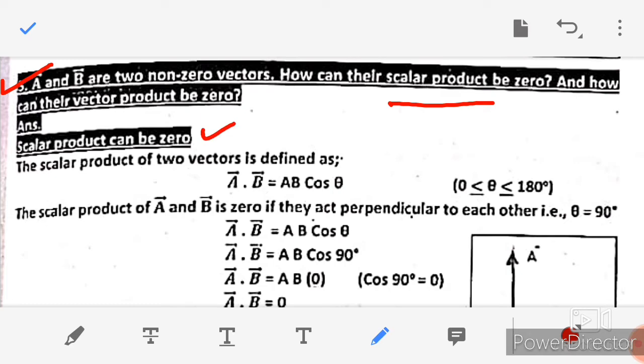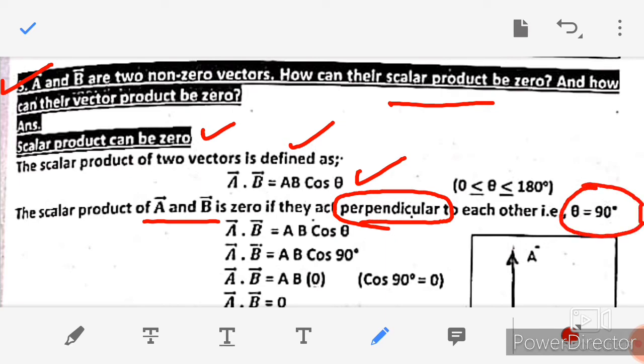The scalar product of two vectors is defined as A dot B is equal to AB cos theta. If the scalar product of A and B is 0, they act perpendicular to each other, meaning they make a 90 degree angle like this. One object is moving here and one object is moving in the upward direction.